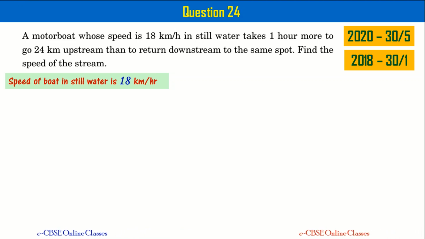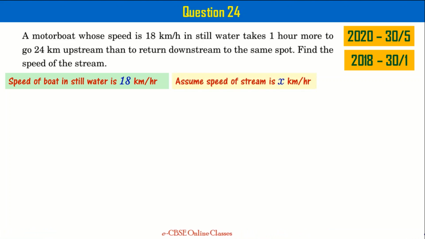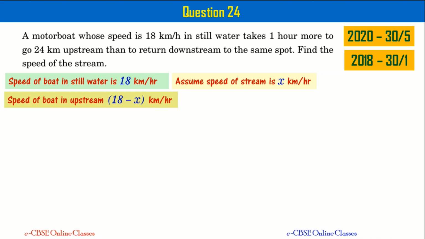We are asked to find the speed of the stream. So I am assuming that speed of the stream is x kilometers per hour. If you are going upstream, then speed of boat is going to be 18 minus x kilometers per hour because it has to be less than 18 kilometers per hour.